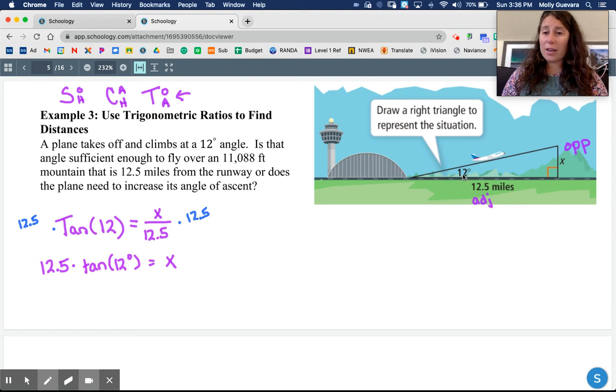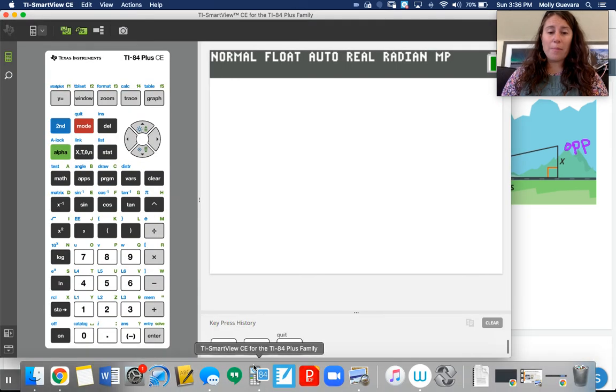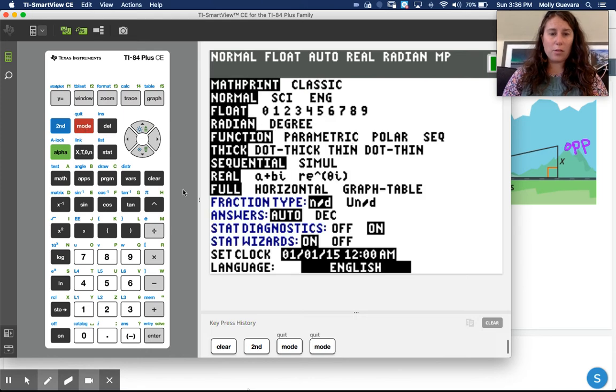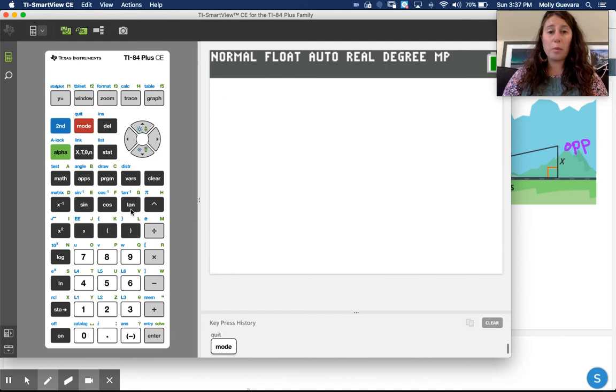Because I'm given this angle in 12 degrees, I have to be in degrees. So I'm going to go into mode, and I'm going to go down, down, down. And where it says radians, I'm going to go to the right, and I'm going to hit enter, and I'm going to change it to degrees. So now at the top it says degrees. And that's really important, okay, because the angle is given to us in degrees.